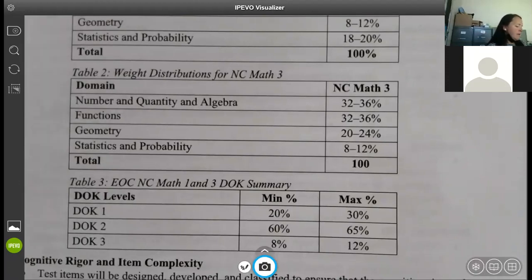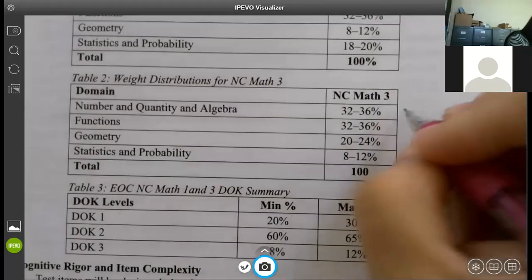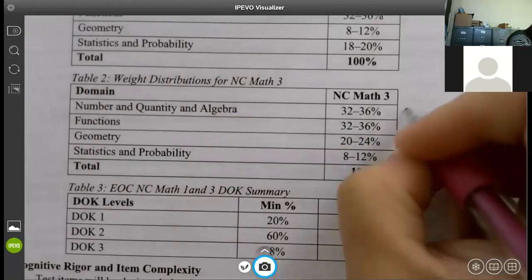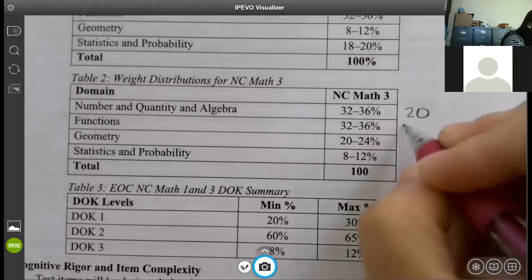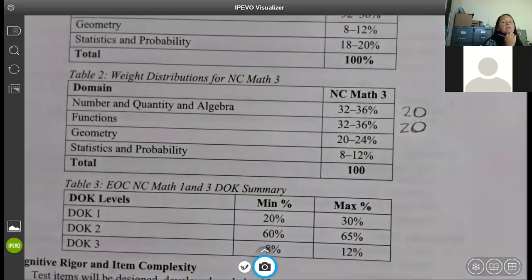So if we look at it this way, about 20 questions. It's a 60 question test, okay? It's 50 with 10 field test items, and I'll get to that in a minute. So about 20 questions are in there.